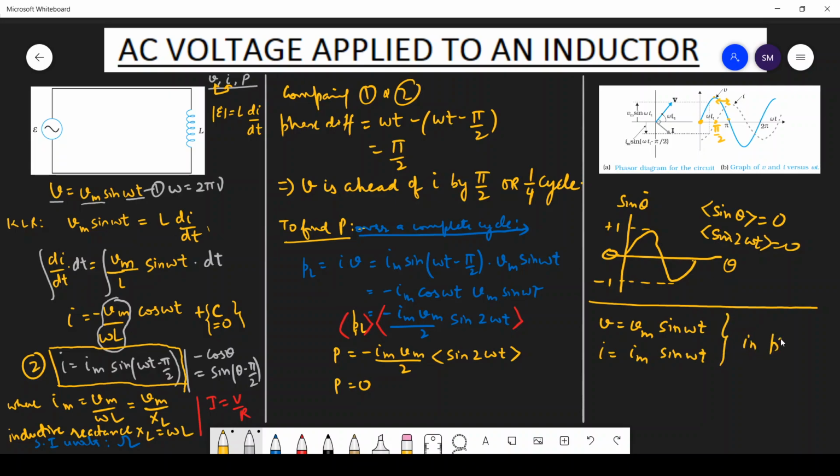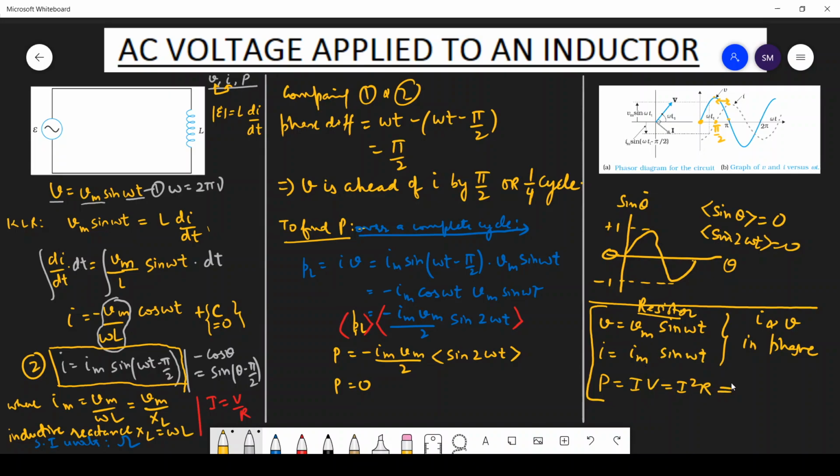Voltage and current were in phase. And what was the power? So power consumed in case of a pure resistor circuit was P is equal to IV or I square R. So these were the three equations in case of a resistor.